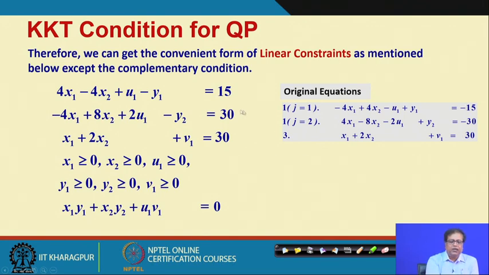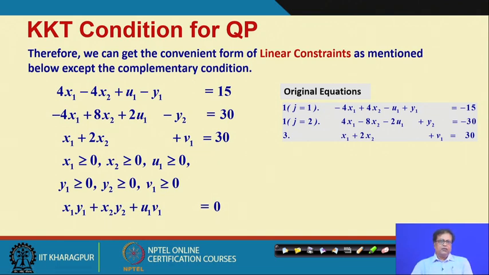So, we can again make minus equal to plus, and then we can rewrite them as 4x1 minus 4x2 plus u1 minus y1 equal to 15, and minus 4x1 plus 8x2 plus 2u1 minus y2 equal to 30, and the rest of the constraints as they are, apart from adding the complementary condition. So, this is how we can actually get a set of linear constraints that we have to solve, right.